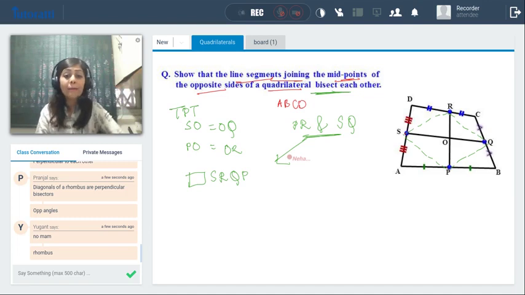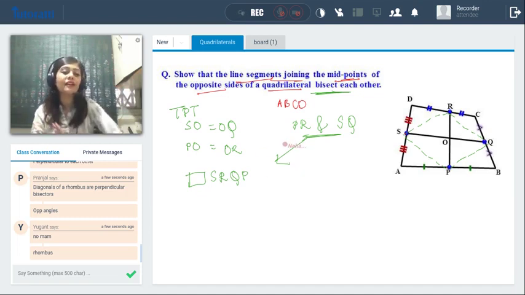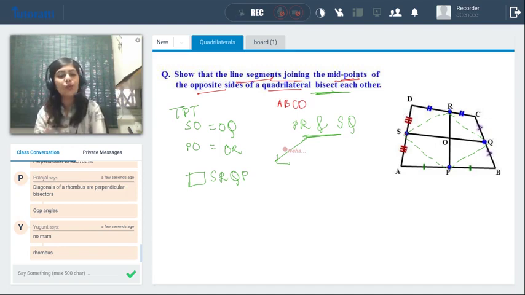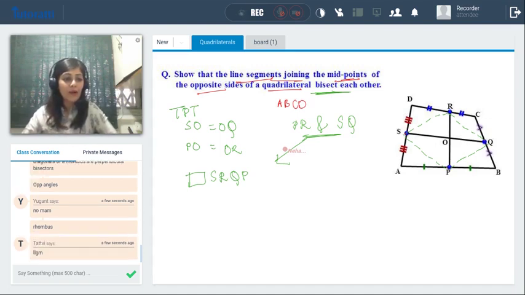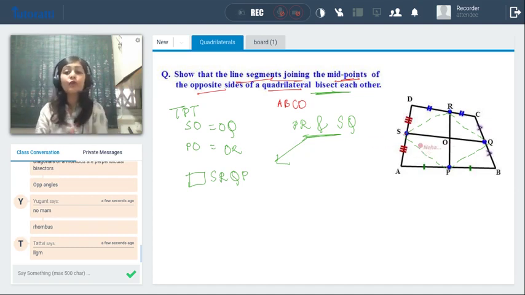That's correct, but we have another special property for a rhombus, that diagonals are perpendicular bisectors of each other. Do we need that? No. So what's the basic figure in which diagonals only bisect each other? Okay, Tatvi says parallelogram. Yes, Tatvi, that's correct. So in a parallelogram as well, diagonals bisect each other. So we know a rhombus is already a parallelogram. But proving this a parallelogram will be much easier than proving it to be a rhombus, right?